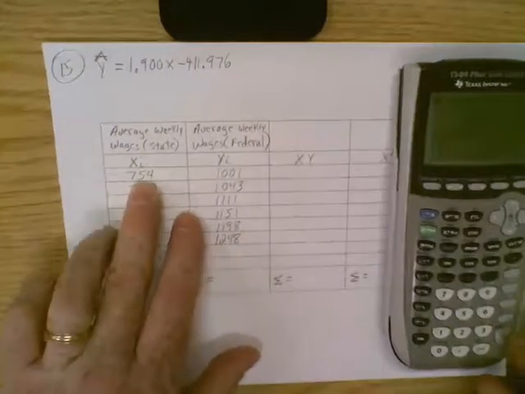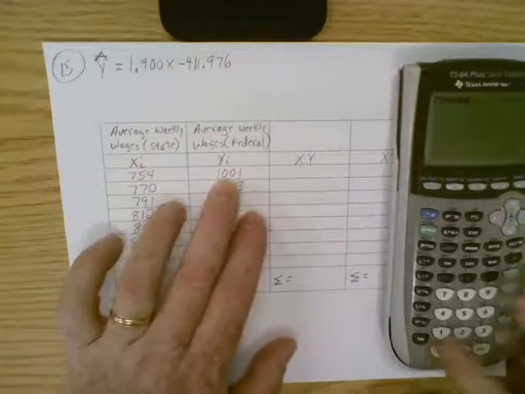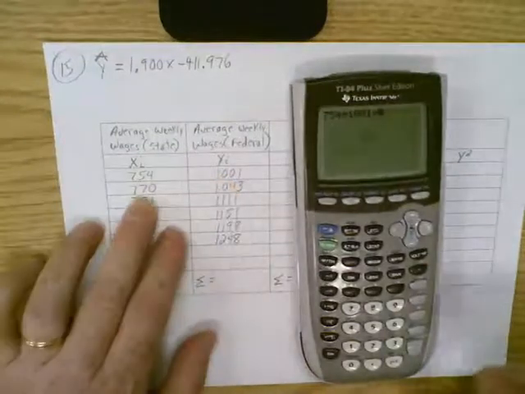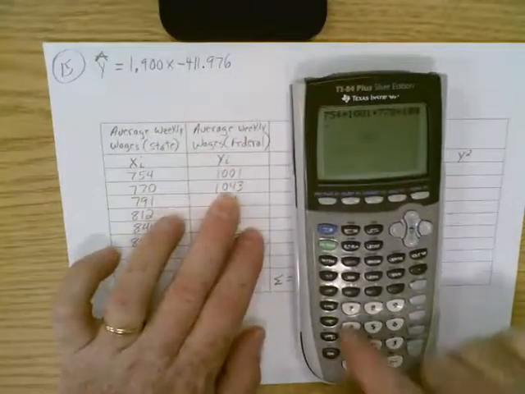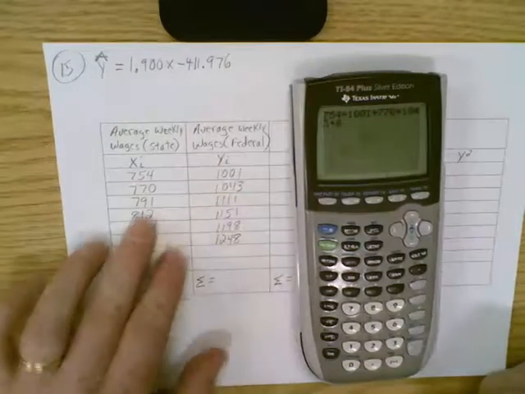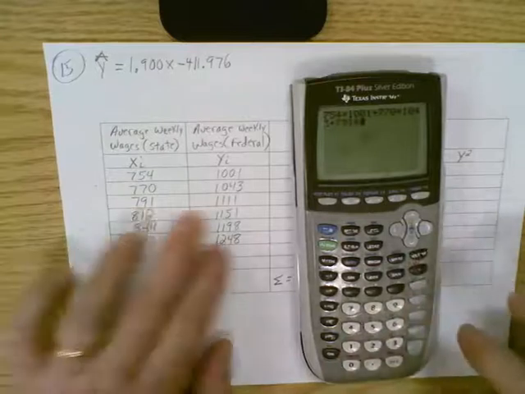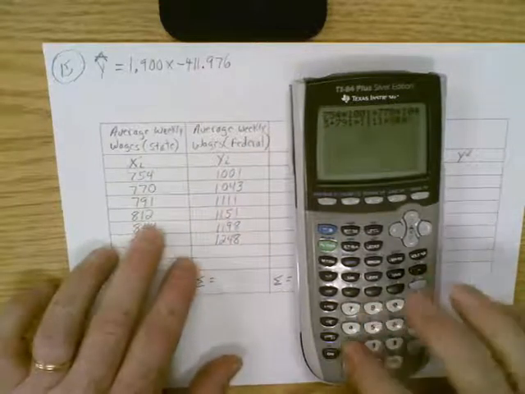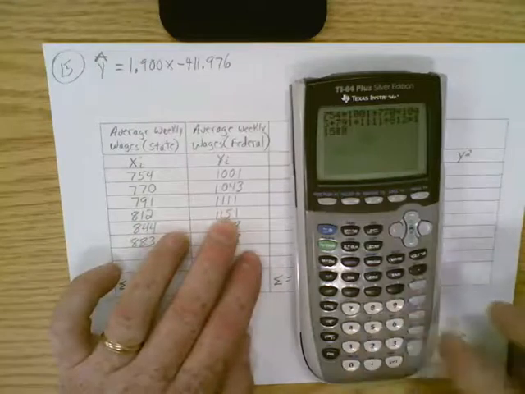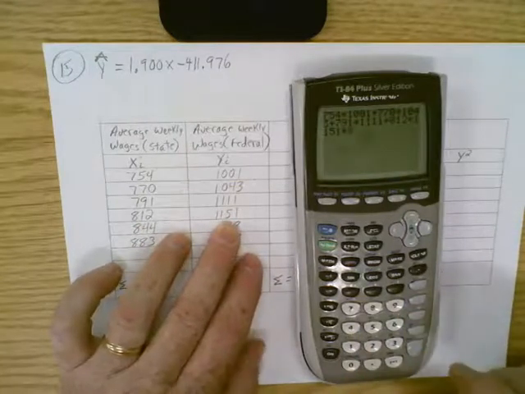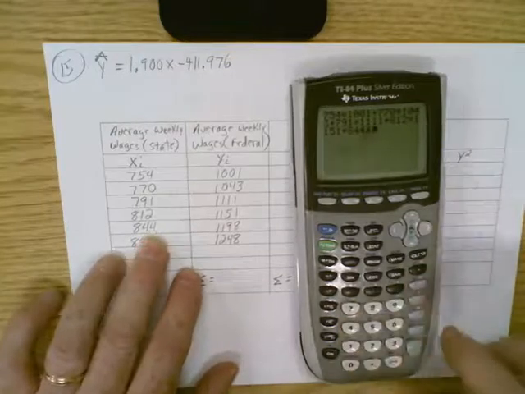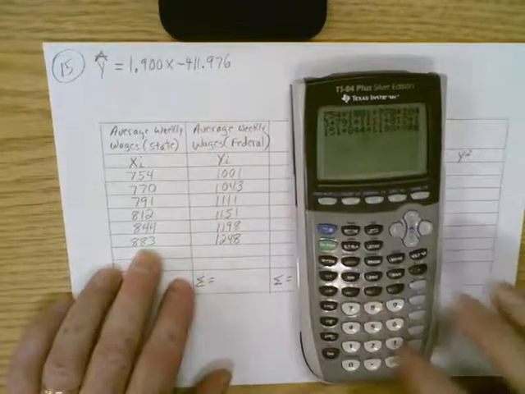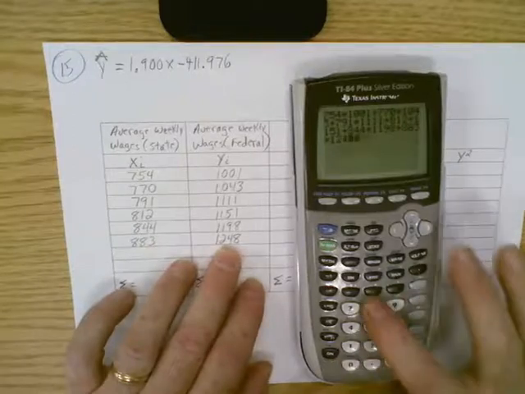So x times y, you're just putting in 754 times 1001 plus 770 times 1043 plus 791 times 1111 plus 812 times 1151 plus 844 times 1198 plus 883 times 1248.